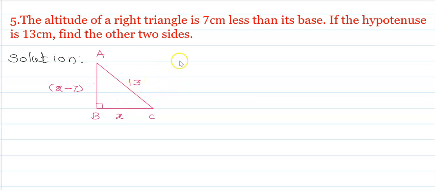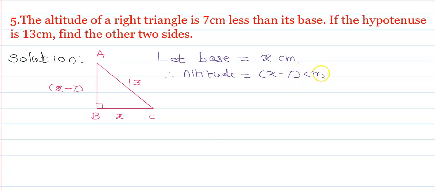Okay. Therefore, we'll write here, let the base be equal to x centimeter. Therefore, the altitude is equal to 7 centimeter less, therefore it is x minus 7 centimeter.